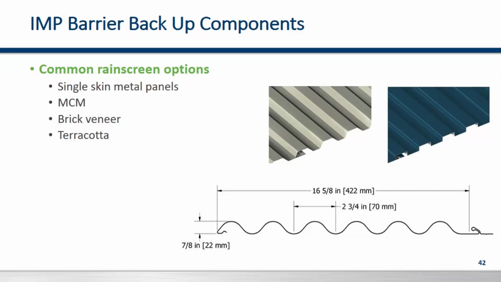But that barrier backup can also incorporate MCM, brick veneering, terracotta, along with other systems, which makes it very, very flexible in design, especially with buildings where the architect is looking to use a wide variety of materials, to match the surroundings or really make the building a focal point.